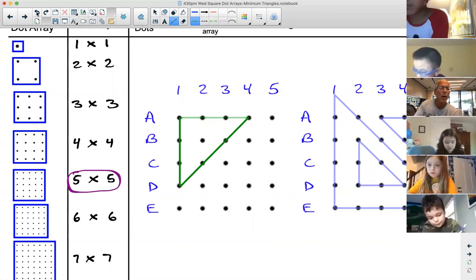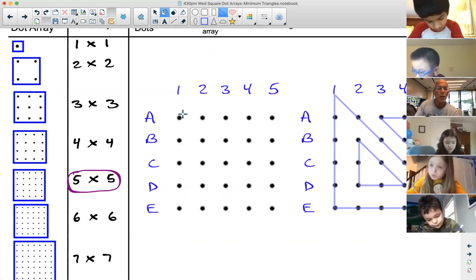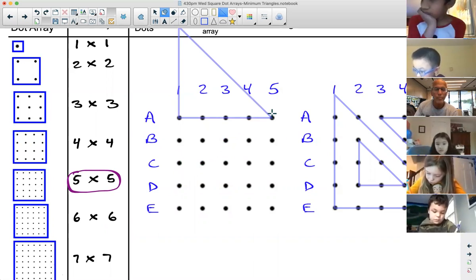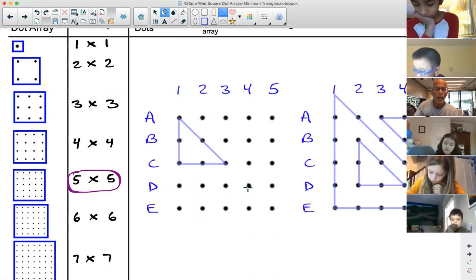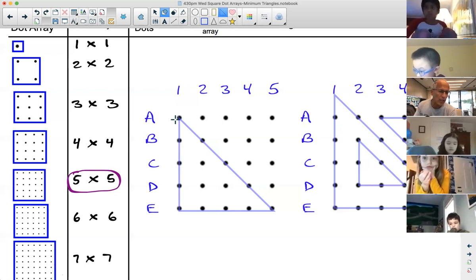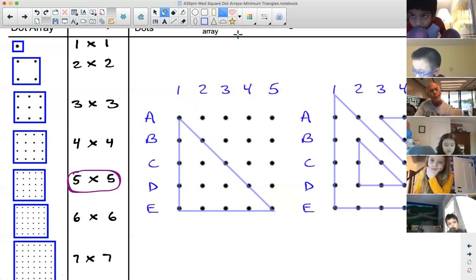So you go from A1 to A5. From A1 to A5. And then you go to E1. Okay, got it. And then you go back up to A1. Yeah, you can't go back to A1 because you're already touching A1. So you've got to be on a different vertex. So then the triangle in the middle of that triangle.